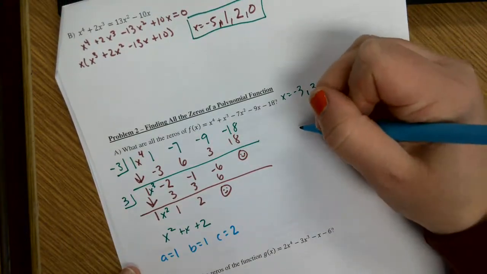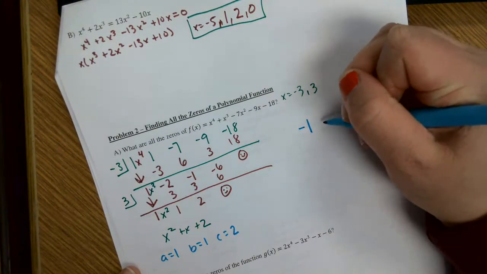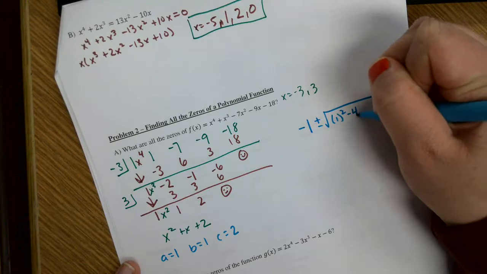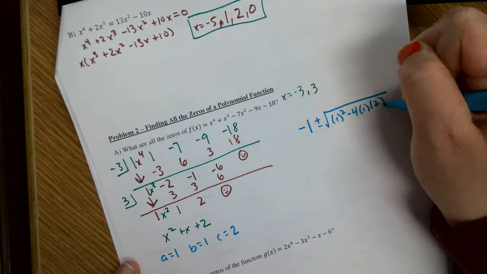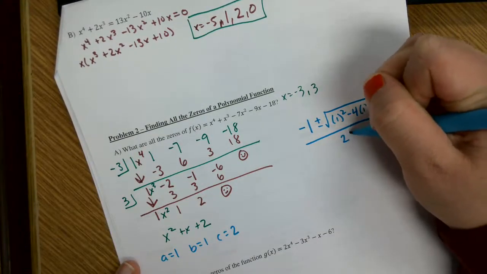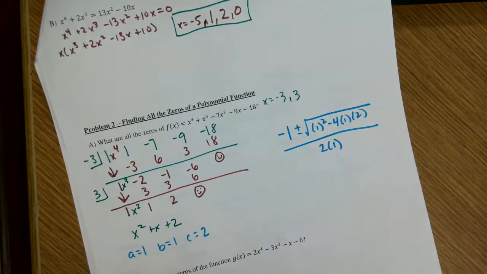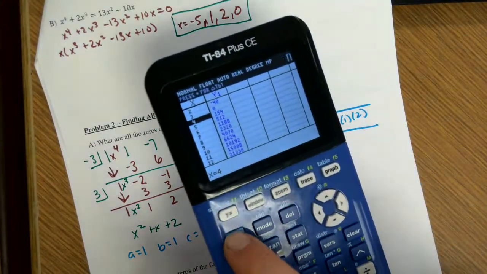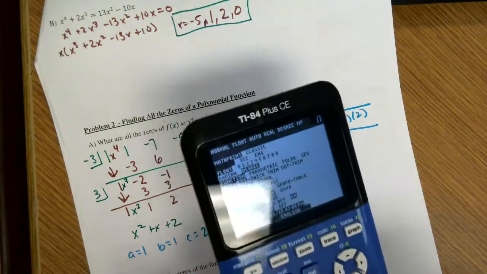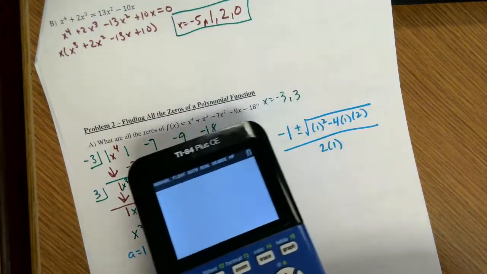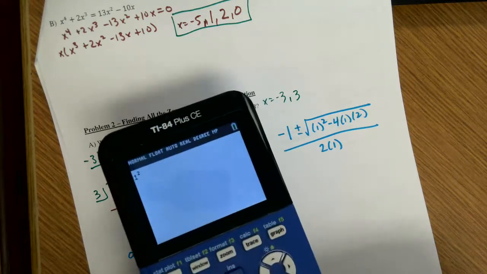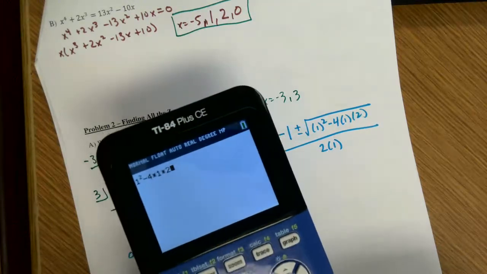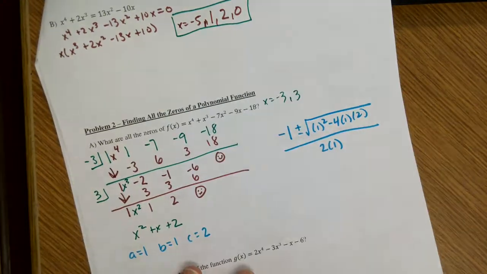So I'm going to have opposite B, plus or minus the square root of B squared minus 4AC, all over 2A. So first thing I should do, if I can't get out of there, you go second mode to quit. Second mode. And then I do 1 squared minus 4 times 1 times 2. You can do that in your head too. You get negative 7.